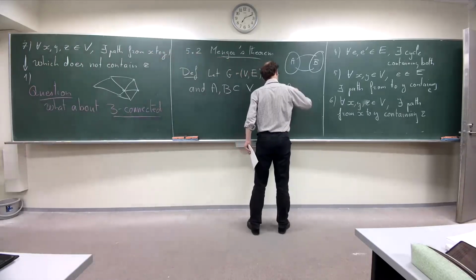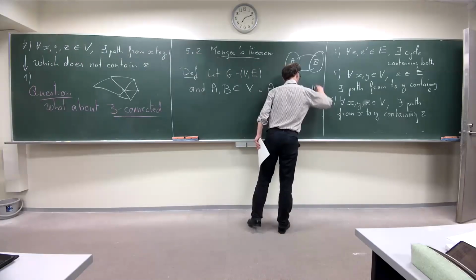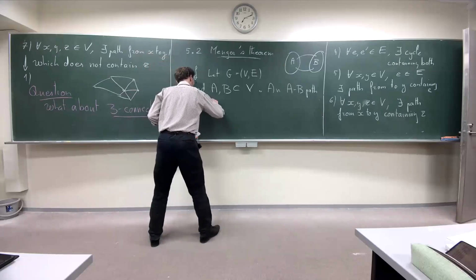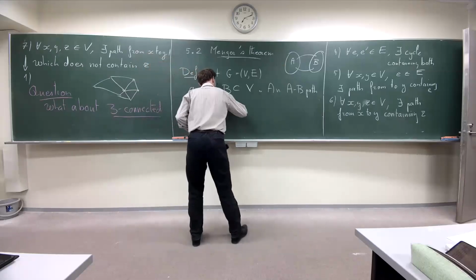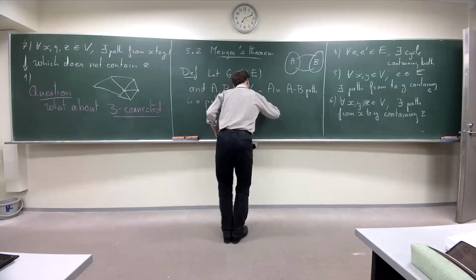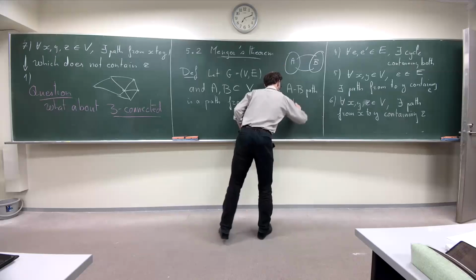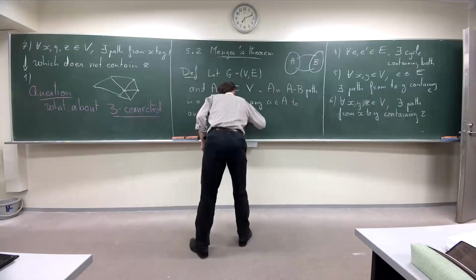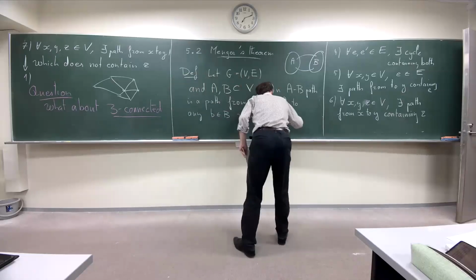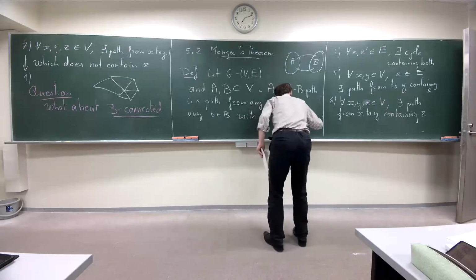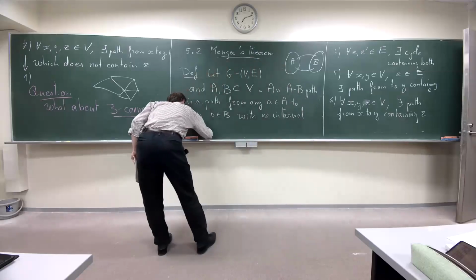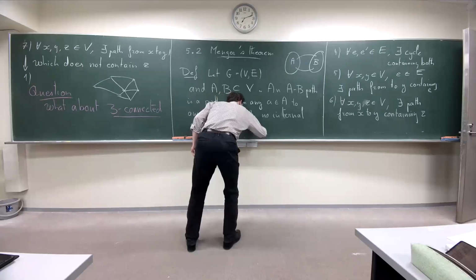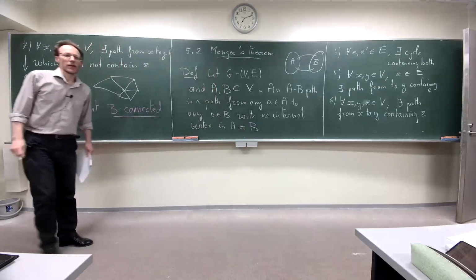Then an AB path is a path from any a inside A to any b inside B with no internal vertex in A or B. So this is quite clear.